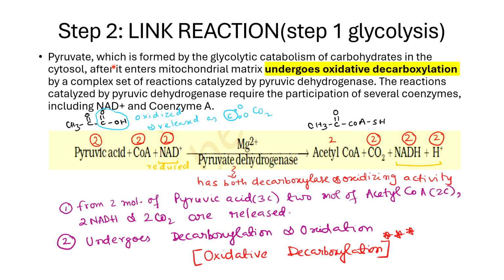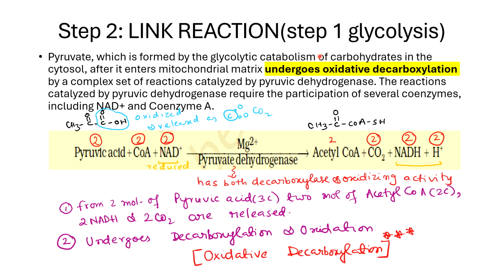After the pyruvate is formed in glycolysis, it undergoes a step before entering the Krebs cycle. That step acts as a link between glycolysis and the Krebs cycle, and it is called the link reaction.